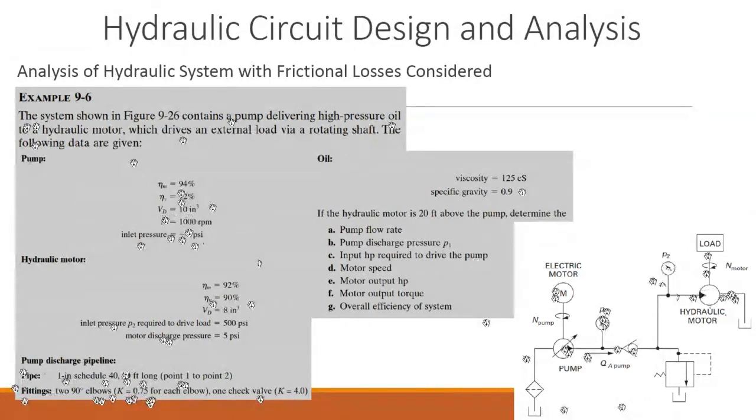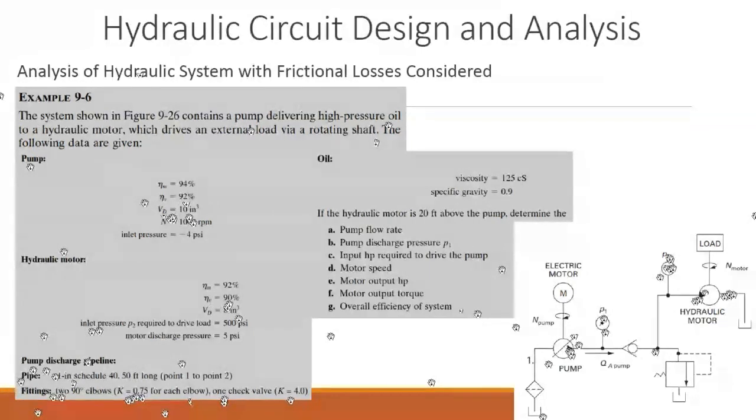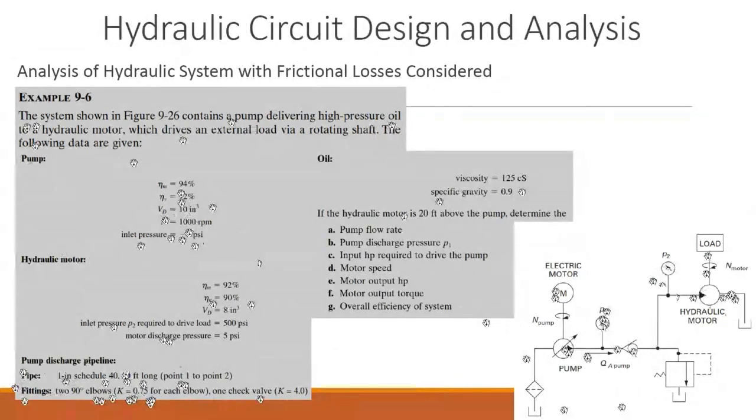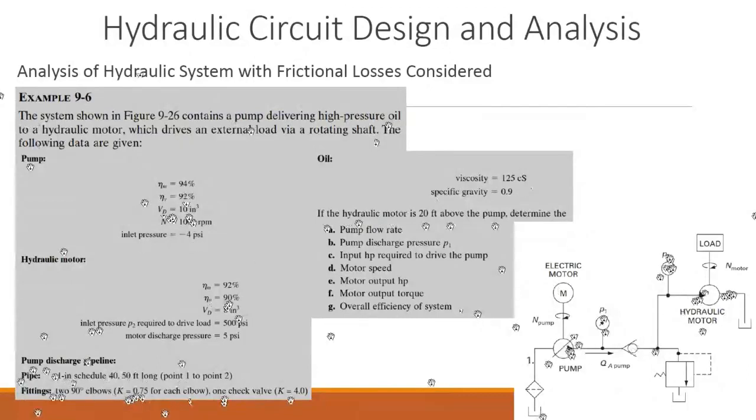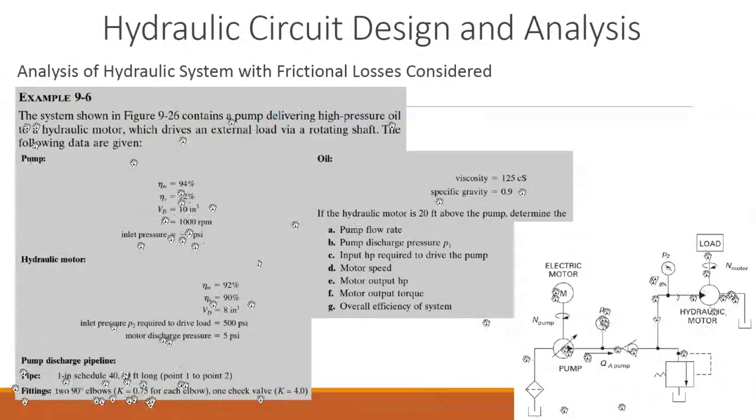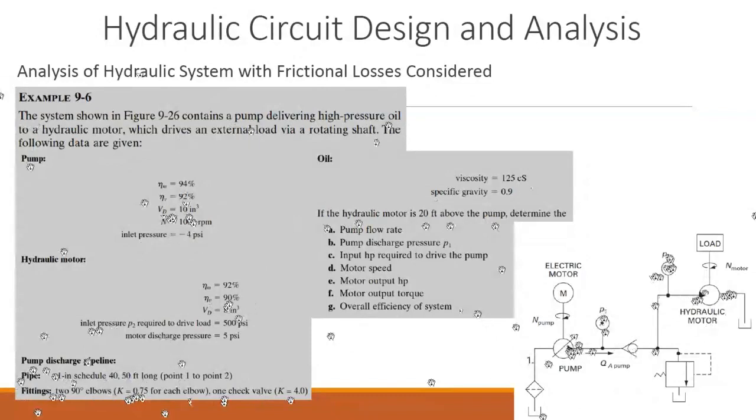In centistokes, we can convert it very easily to meter square per second as the kinematic viscosity. Specific gravity of the oil is 0.9. If the hydraulic motor is 20 feet above the hydraulic pump, determine: number one, the pump flow rate. So I need to find the actual pump flow rate which it delivers to the pipeline.